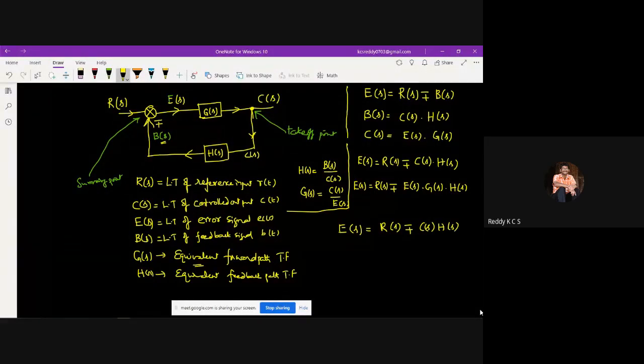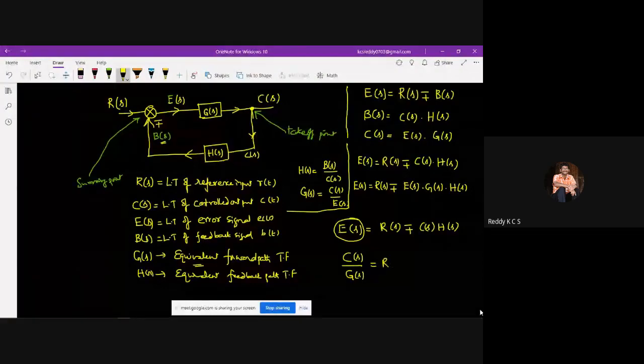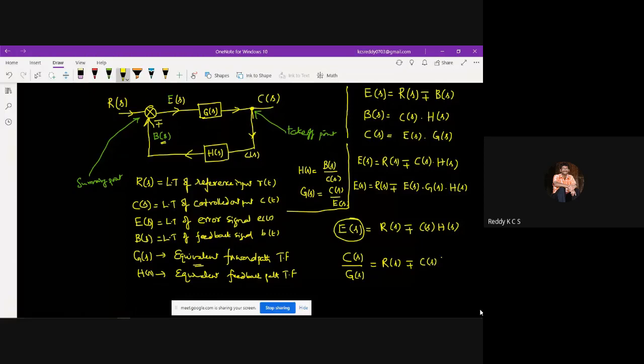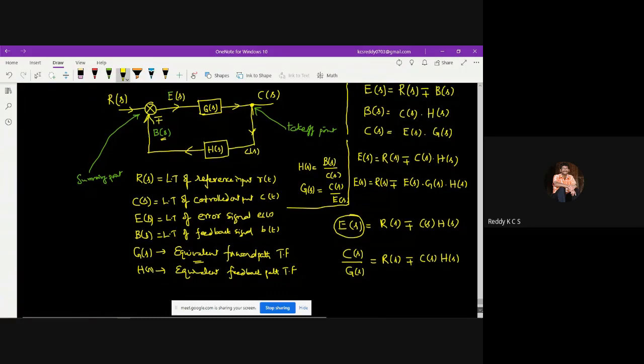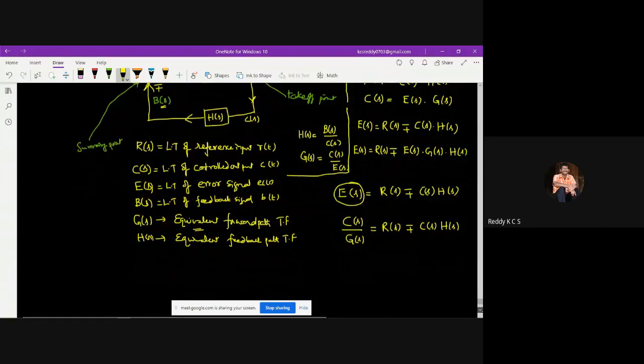Here, in the E of s, I am writing C of s by G of s, which is equal to R of s minus R plus C of s into H of s. So from this equation, I can take the G of s onto the right side.